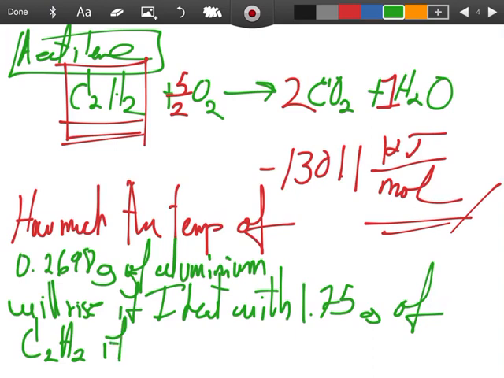If I burn it, and I have two considerations.